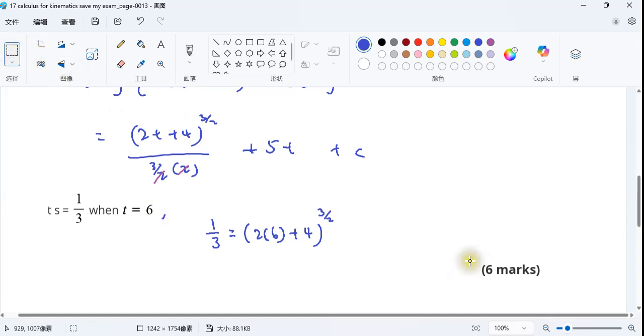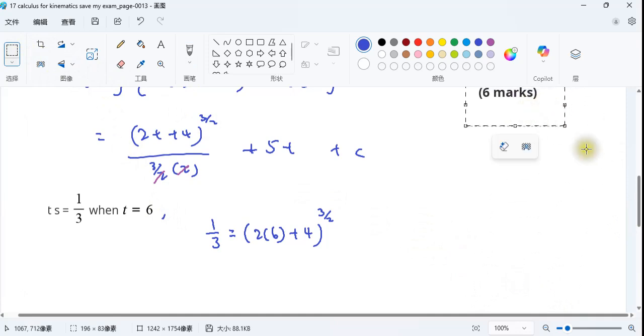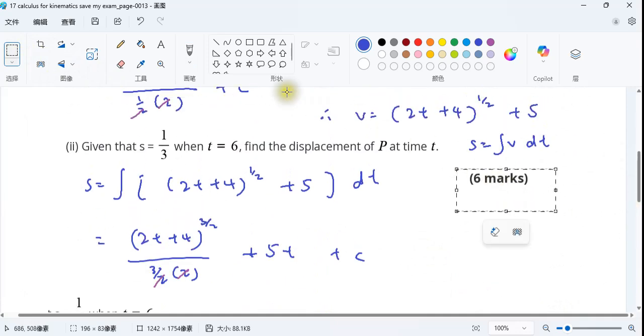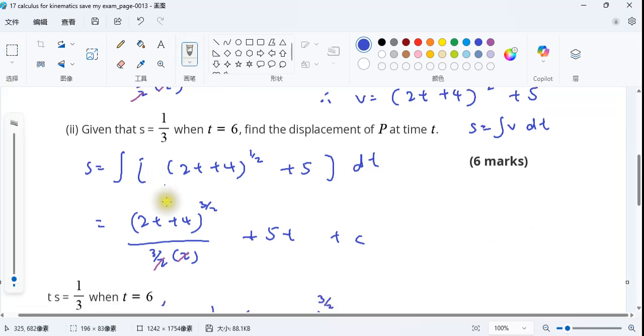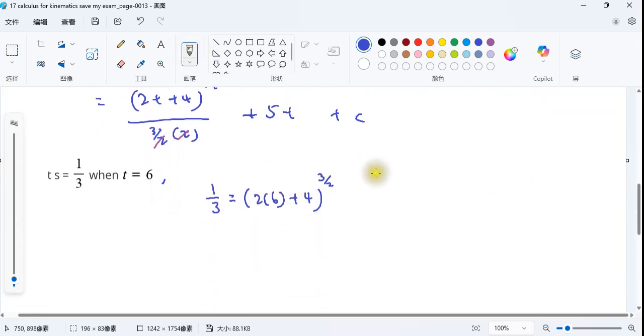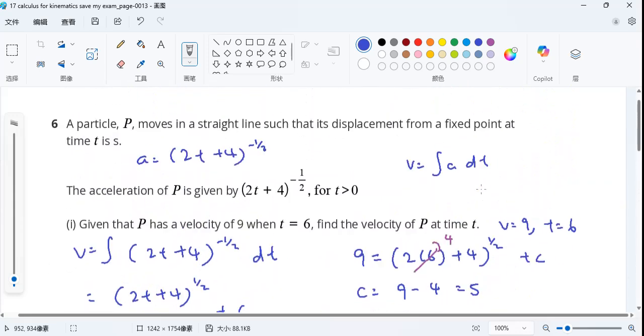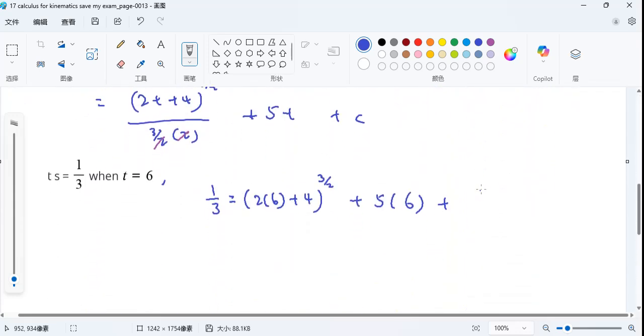So what will we have here? Plus 5 times 6 plus should be D. We have C just now.